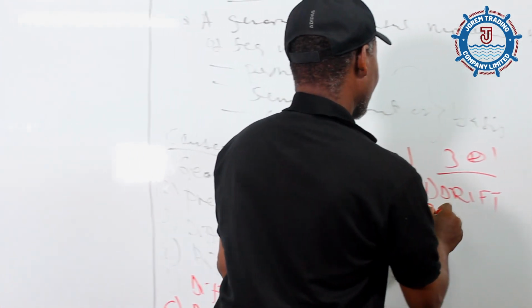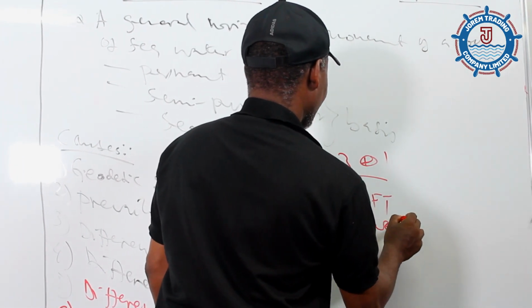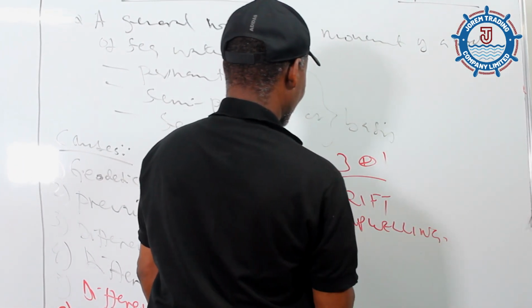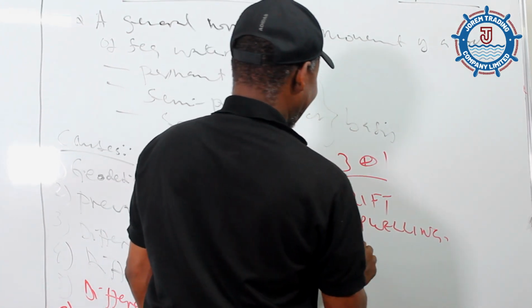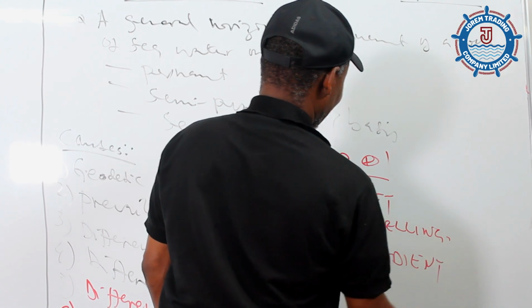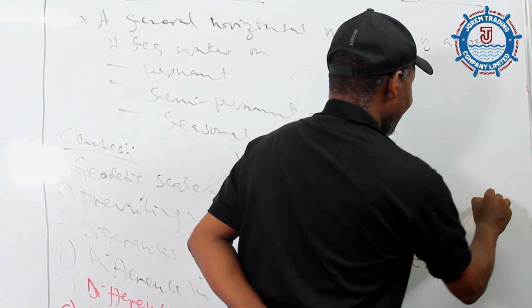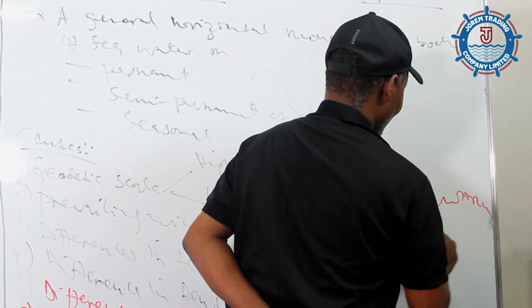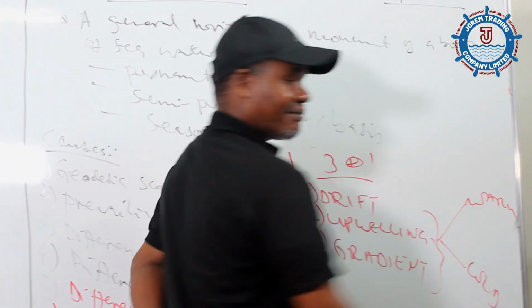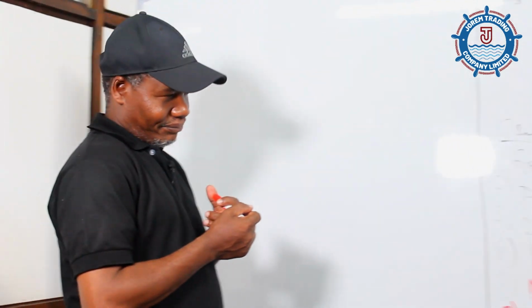We have the drift current, we have the upwelling currents, and of course, we have the gradient currents. And all these can either be warm or cold.